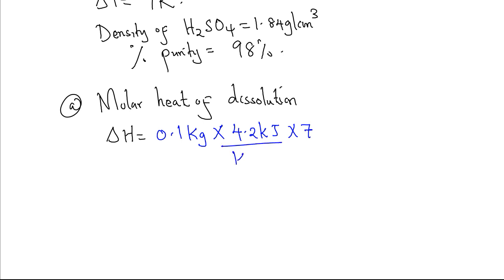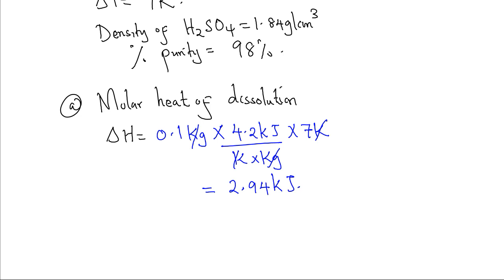So this implies that we have 0.1 times 4.2 times 7, that is 2.94 kilojoule.